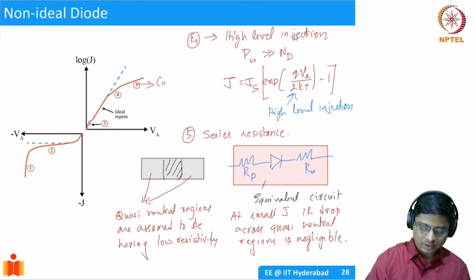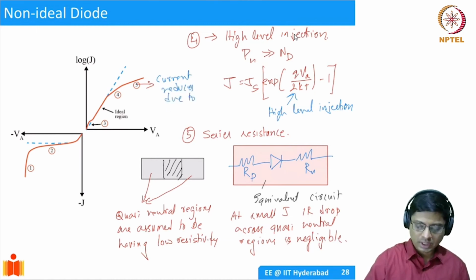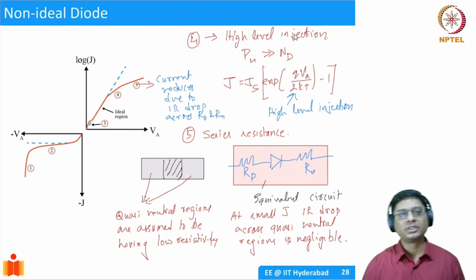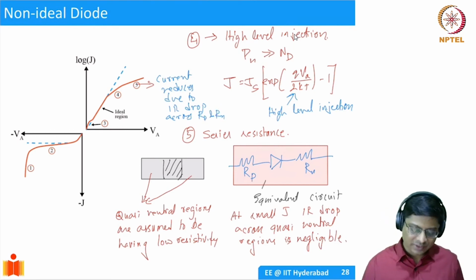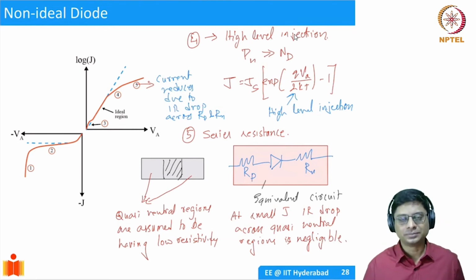Here, current reduces due to IR drops across Rp and Rn, basically the resistance of the quasi-neutral regions. So that's why you have the fifth type of non-ideality that you can see.